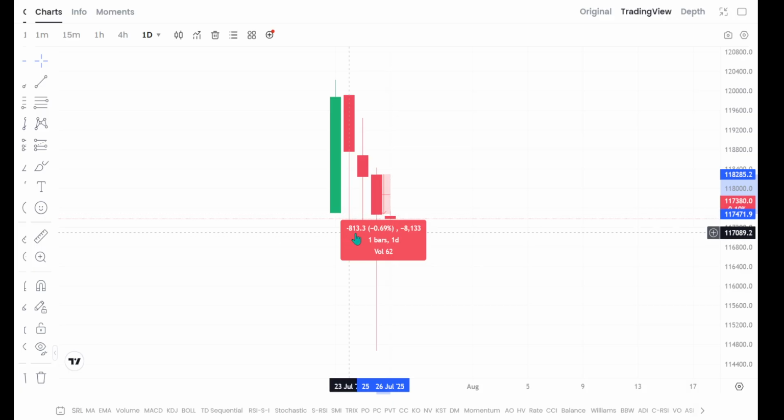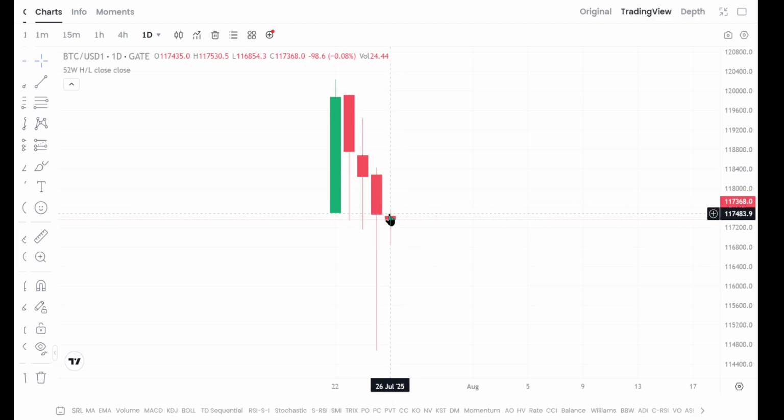So the market price of Bitcoin has decreased by 813.3 USD1. It is 0.69%. There was a loss of 8,133 USD1 in this one day, and 62 Bitcoin has been traded in this one day.